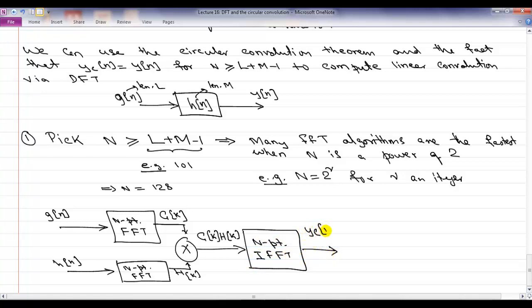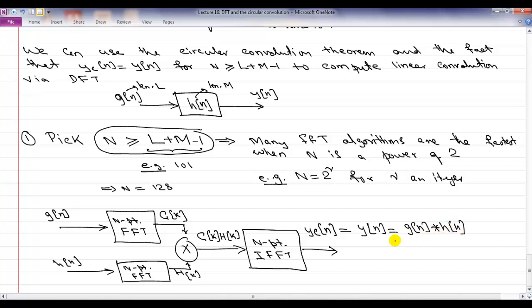And if we do that, then we get the circular convolution y_c[n], but by the argument that n is greater than or equal to L plus M minus 1, we are guaranteed that y_c[n] is in fact equal to y[n], which is just g[n] linearly convolved with h[n].